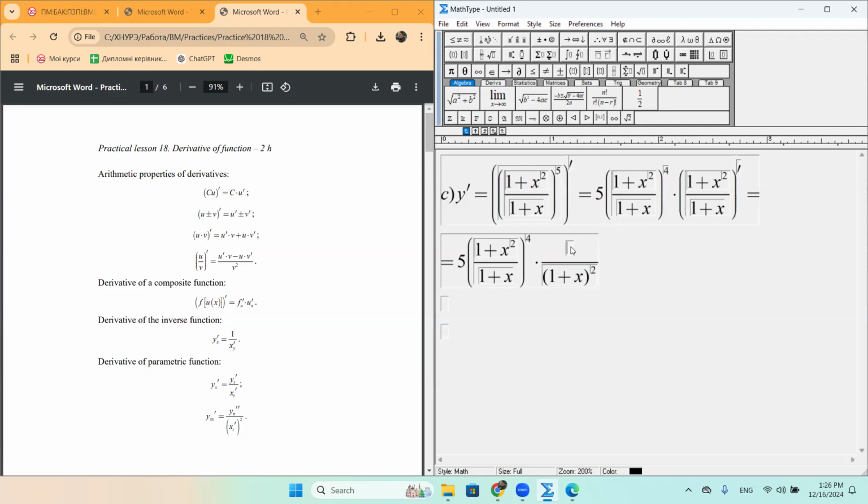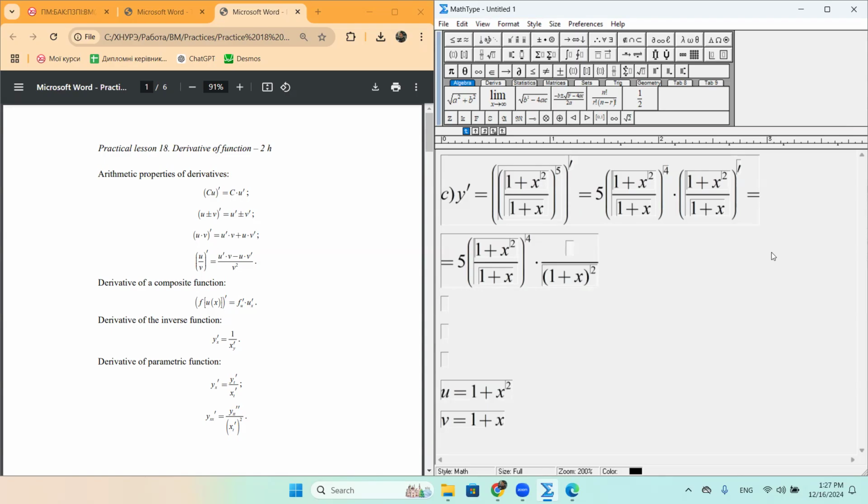I guess I understand what you mean, but for now let's do it in detail. So u equals this, and v equals 1 plus x. Let me not skip these steps, just not to miss anything.